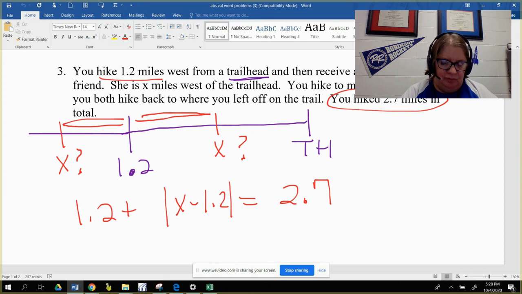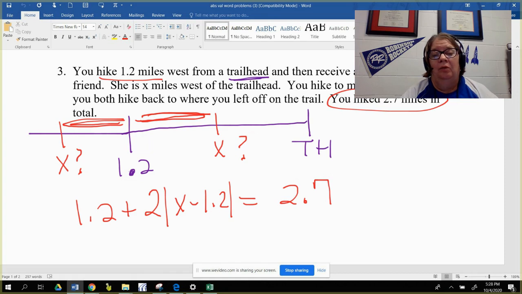How many miles she is from the trailhead, how many miles you are from the trailhead. How many times did we hike that distance? You either hiked this way and back, or you hiked this way and back. So we hiked that distance twice. And there's an absolute value equation that you can use to find out how far your friend is from the trailhead.